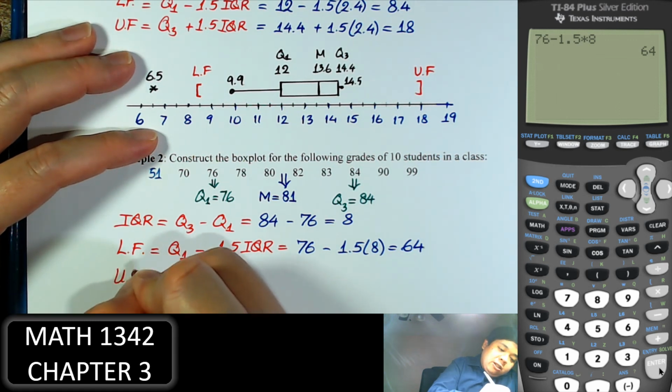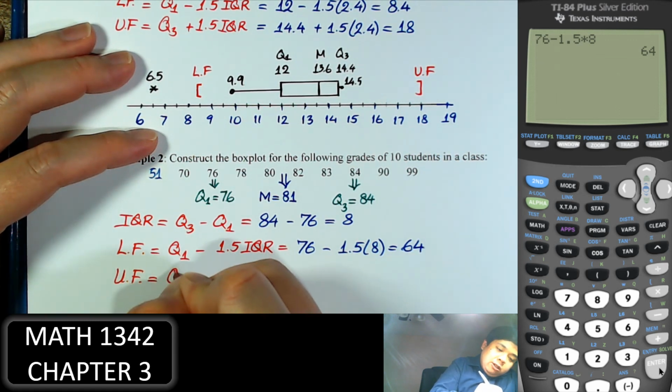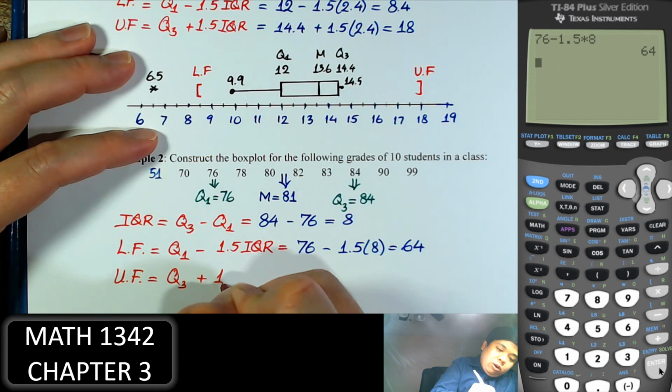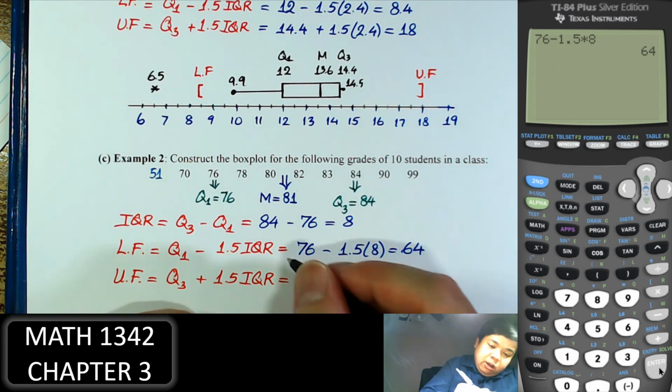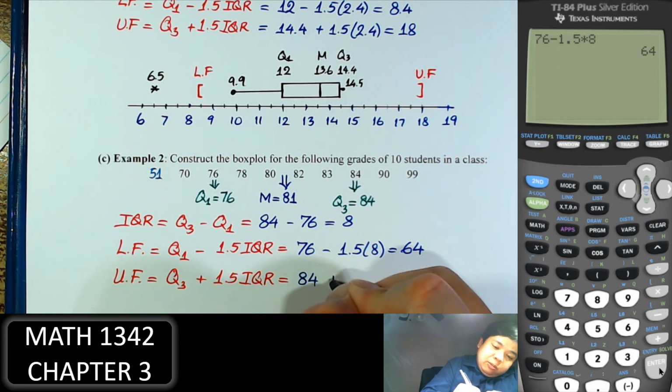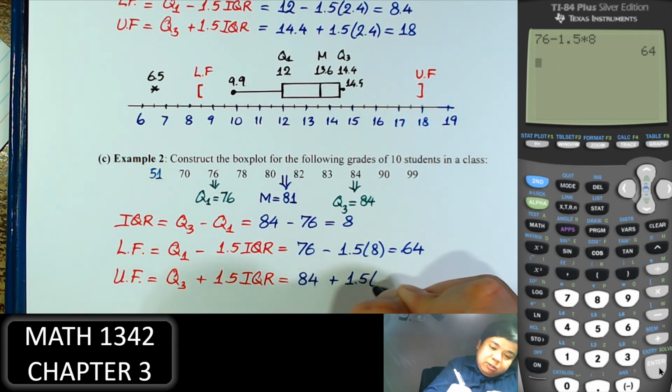Upper fence, Q3 plus 1.5 times IQR. 84 plus 1.5 times 8.